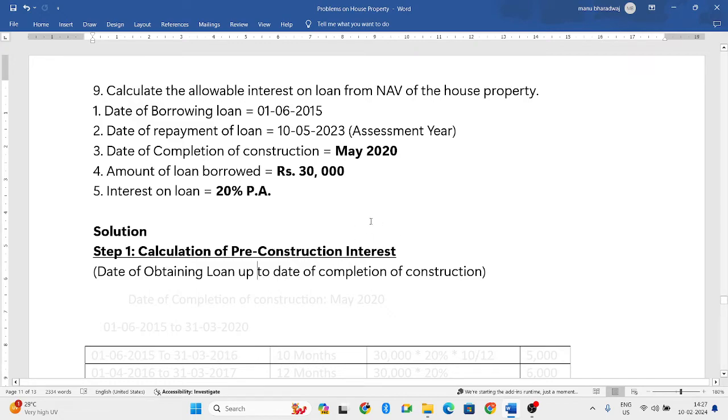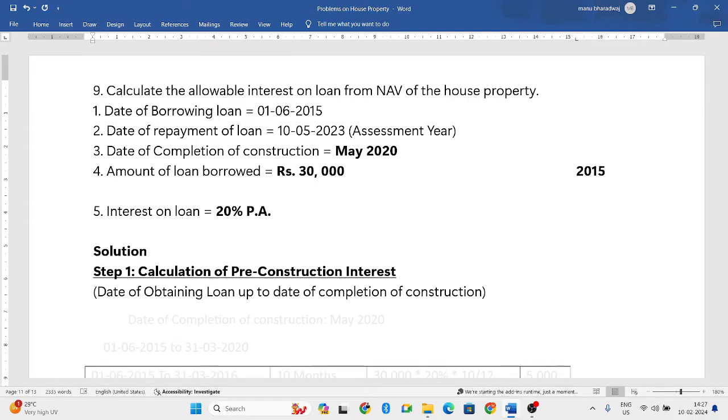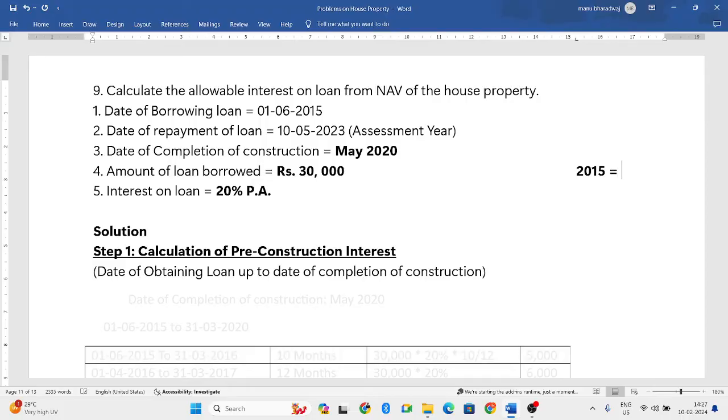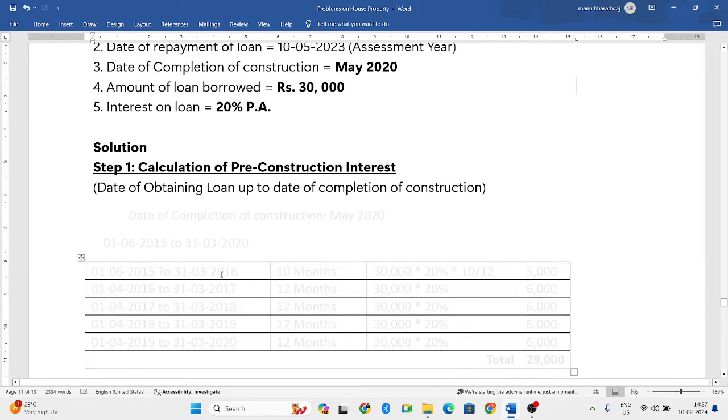For example, I will take the loan in 2015 and I will construct the building in 2018. So 3 years before the completion I have taken the loan. Whatever interest I pay for those 3 years is known as pre-construction interest. From the date you obtained the loan till the date of completion of construction, you will consider it to be pre-construction interest.